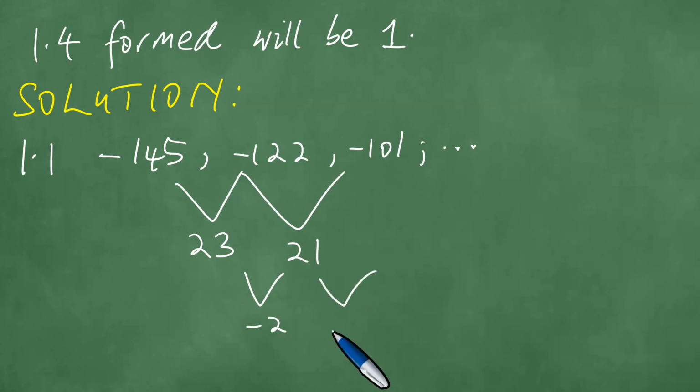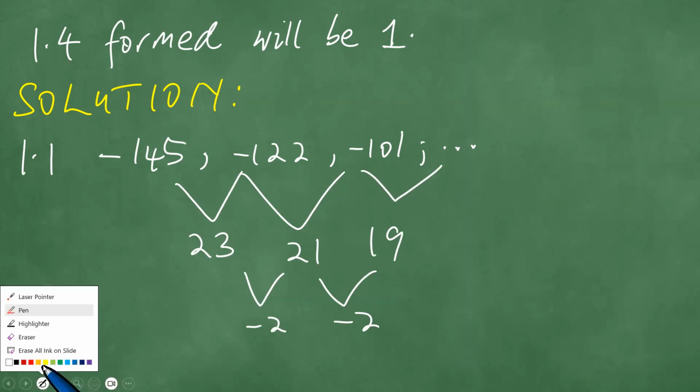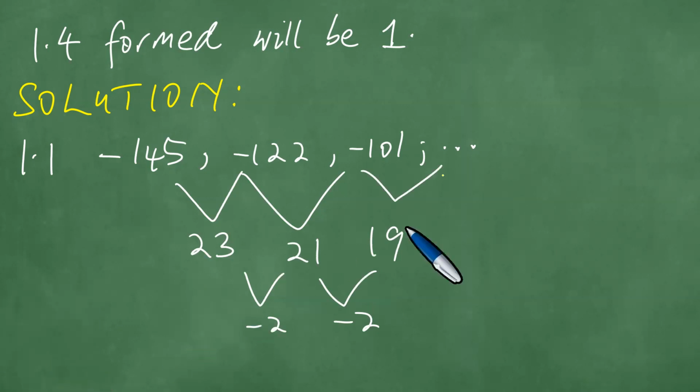Because it is a quadratic pattern, we expect the second difference to be minus 2 all the time. So 23 minus 2 is 21, and 21 minus 2 gives you 19. Here 23 plus this produces that, 21 plus this produces that, and 19 plus this produces minus 82.